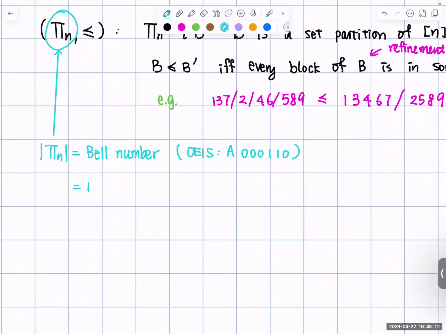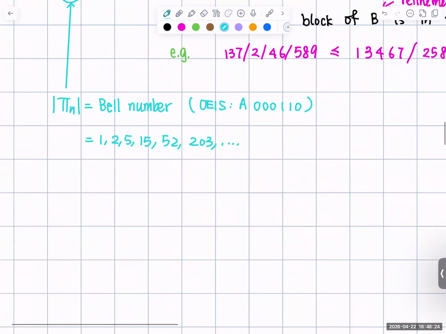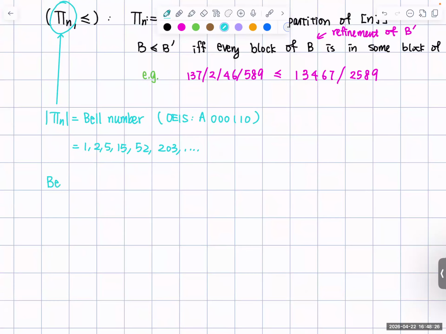And the Bell numbers are like 1, 2, 5, 15, 52, 203, etc. So lots of interesting things about the Bell number. And the Bell number of n plus 1 is actually a binomial transform: the sum of n choose k times the Bell number of k, where k is from 0 to n. So they satisfy some very nice relation between themselves.